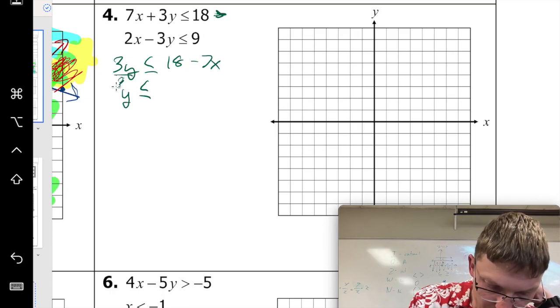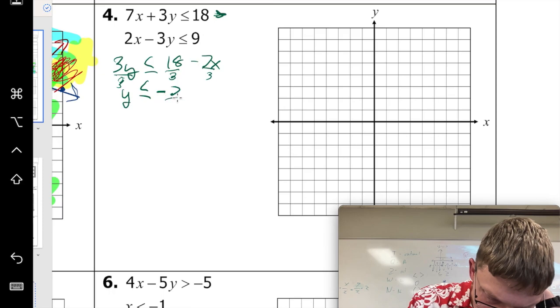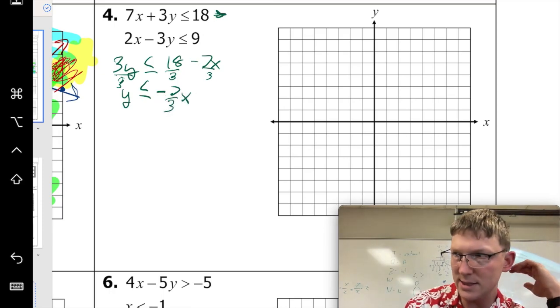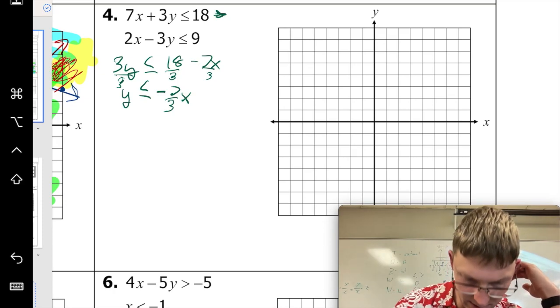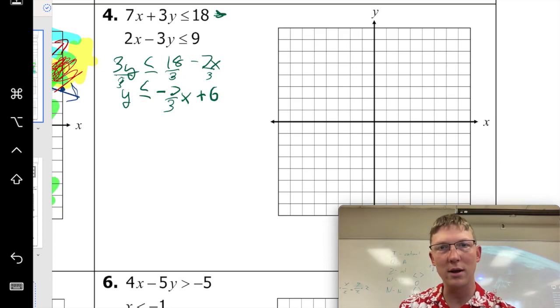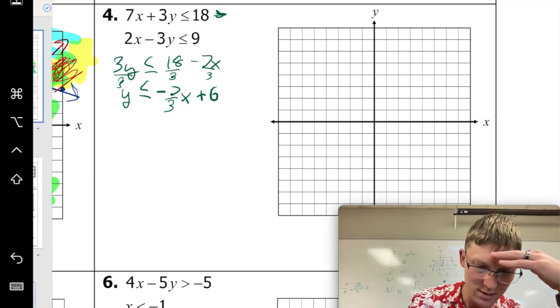We're going to divide both sides, all numbers, by 3. So we're going to have negative 7 over 3 x. And then 18 divided by 3 is 6. Yes, I was looking for a calculator because I just always question it. It's fine. It's fine.